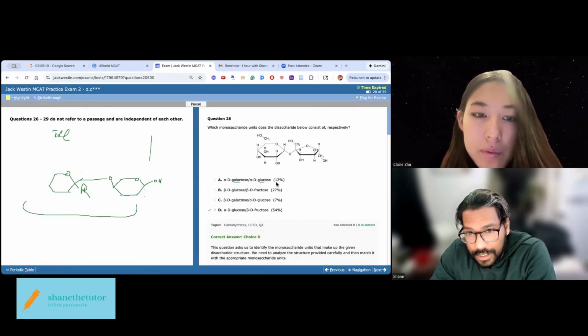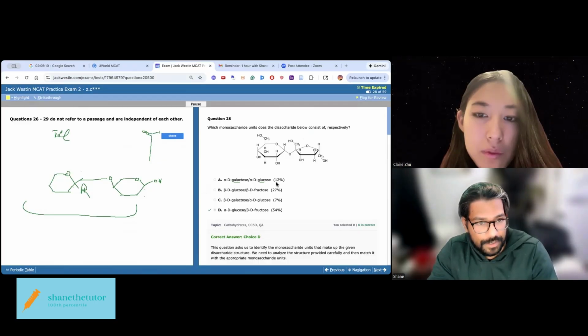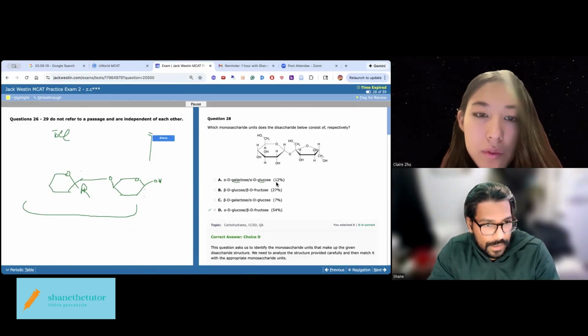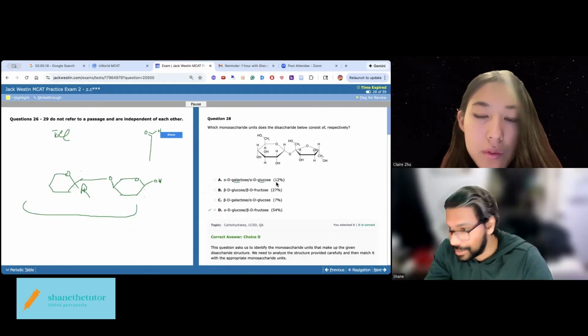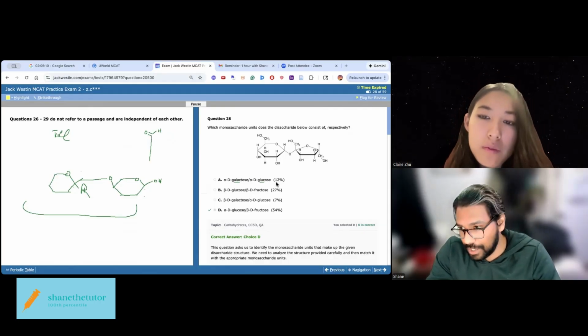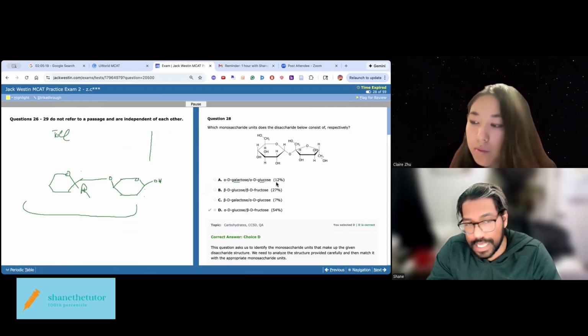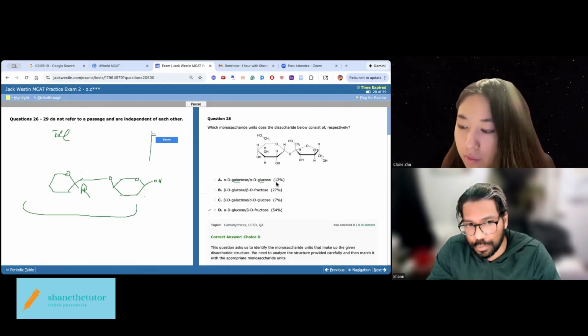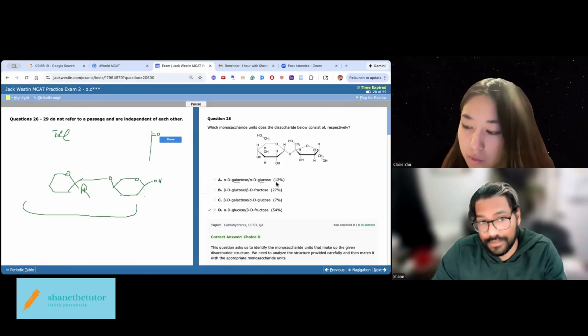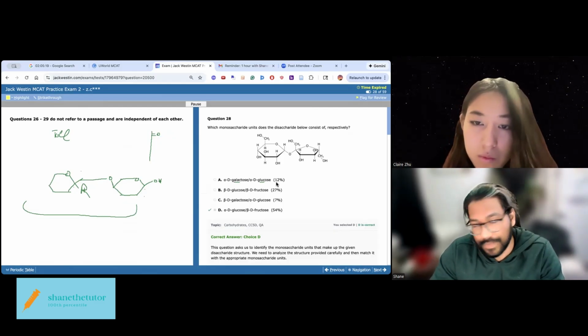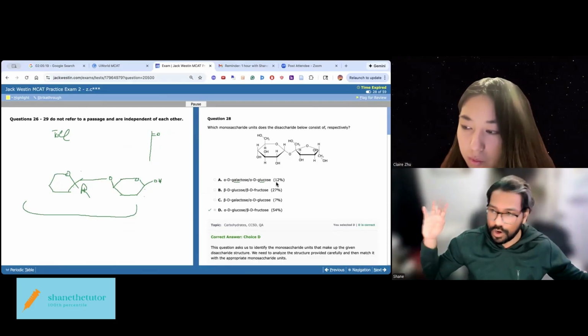So for an aldohexose, the first carbon is going to have an aldehyde up here, and that's what gets nucleophilically attacked. But if you have a ketohexose, then the carbonyl group, by definition, cannot be the first carbon, because a ketone would need carbons on both sides.